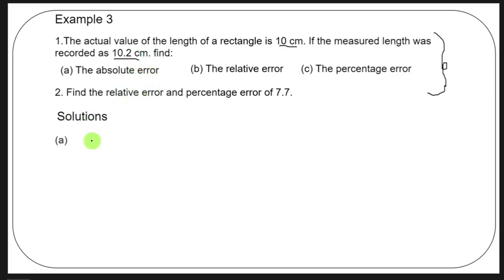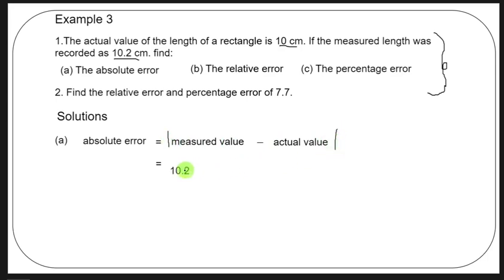So solutions for number 1. For number 1A, we are asked to find the absolute error. Absolute error, we said, is equal to the measured value minus the actual value, and this should be in modulus. Sorry, this one should be in modulus like this.